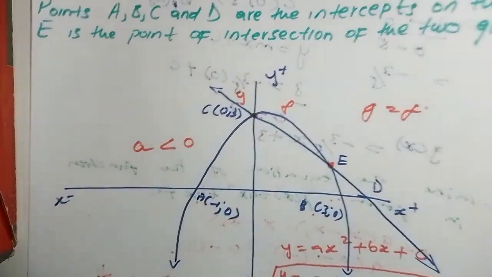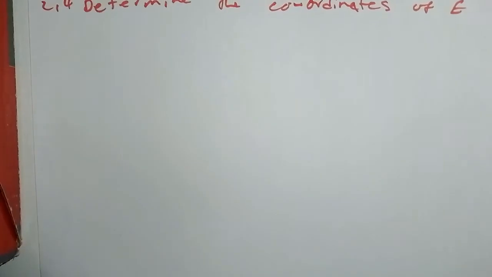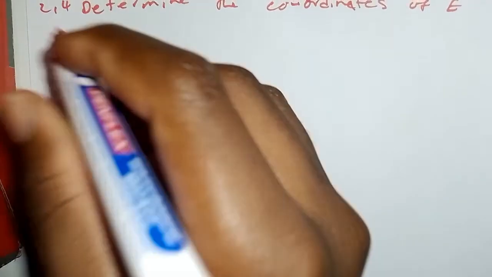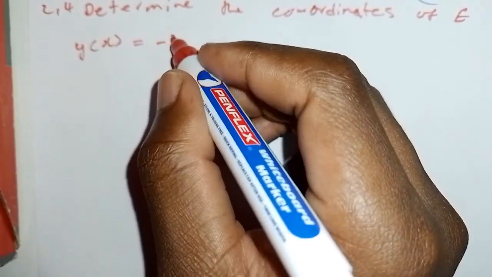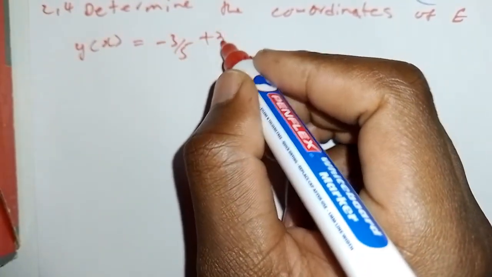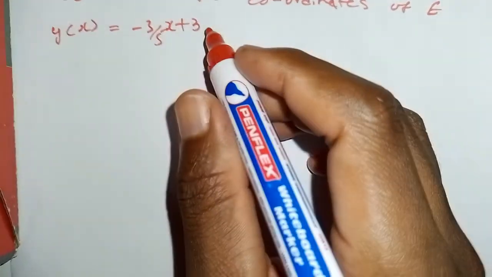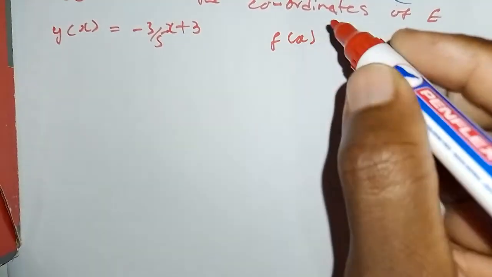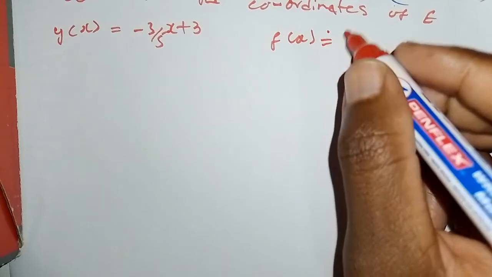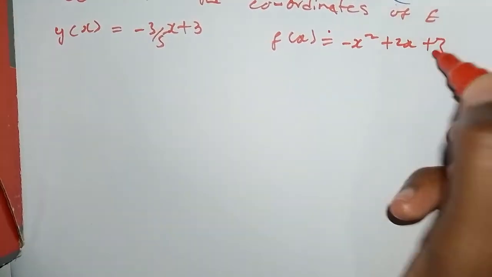Okay, now when we were calculating, we managed to get the equation of G as y is equal to negative 3 over 5x plus 3, right? And then we managed to get the equation of f of x as f of x is equal to negative x squared plus 2x plus 3, right?